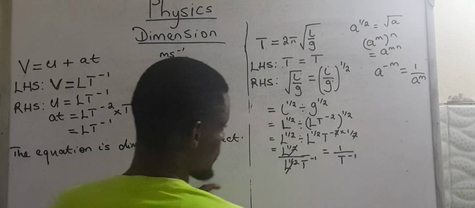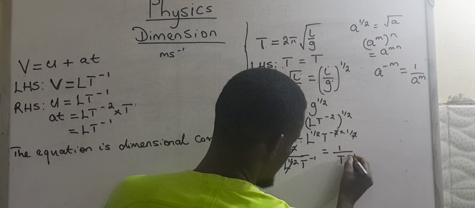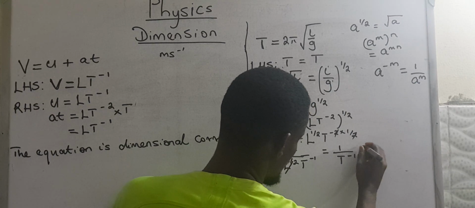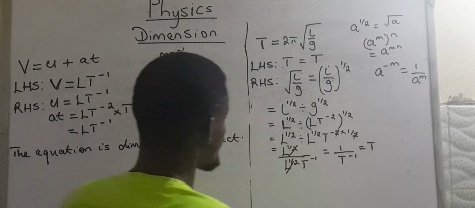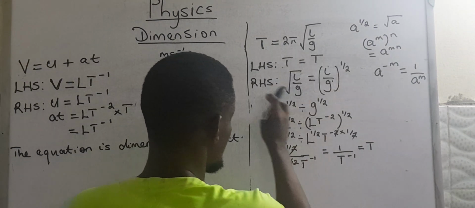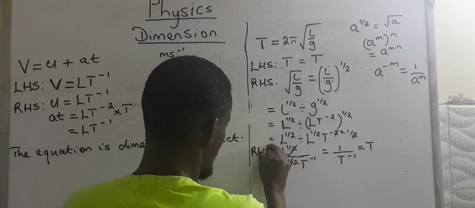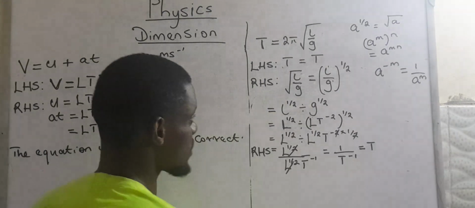So I use the same approach here. I have 1 over T to the power minus 1. Since this is minus 1, if I take it up, the minus 1 becomes plus 1. Then we have T to the power 1. So you can see the left hand side is T, and the right hand side is also equal to T. So this equation is dimensionally correct.